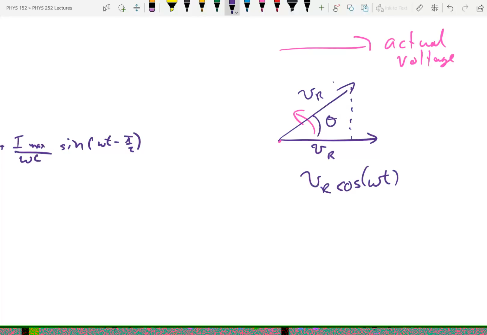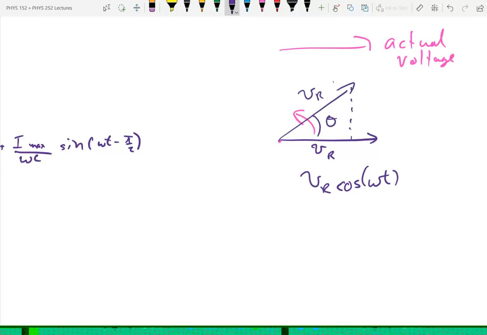Now, we actually use sine rather than cosine. So what we're really doing is taking the vertical aspect and saying the vertical aspect is the actual voltage. We always draw our pictures with it horizontal, but because I'm using the sine function over here to make it match, it's the vertical.